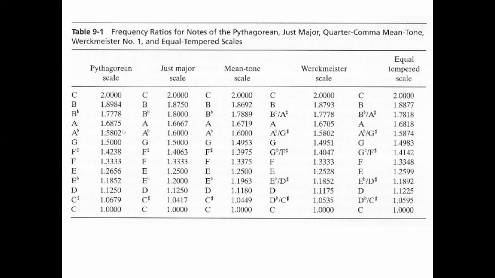F sharp to B flat would be the third. So if I pick F sharp to B flat here on the just major scale, 1.8 over 1.4063 is 1.28. So that third is really bad, even worse than this one.